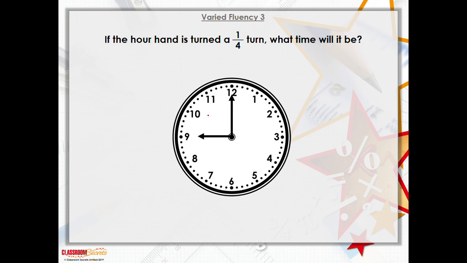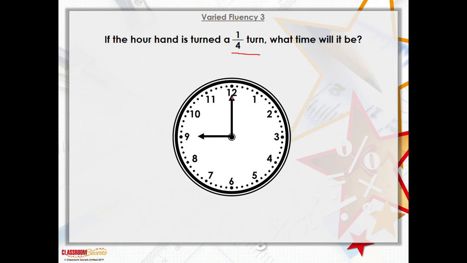Some questions might have a clock. I know we haven't covered time yet, but it's the same principle as the questions that we just looked at before. And the question here says, if the hour hand is turned a quarter turn, what time will it be? Okay, we're looking for the hour hand.